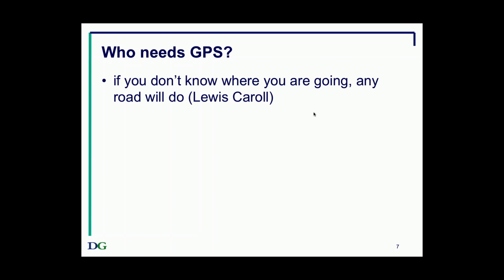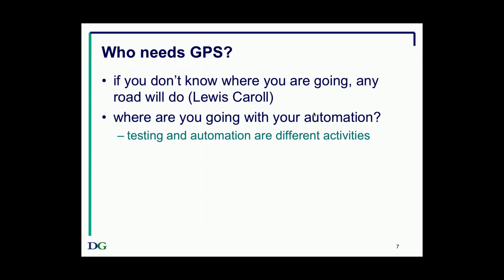Famous quote by Lewis Carroll, if you don't know where you're going, any road will do. So where are you going with your automation? An awful lot of people don't have clear goals or objectives for the automation or have the wrong goals. Testing and automation are different activities, and different activities need different objectives.